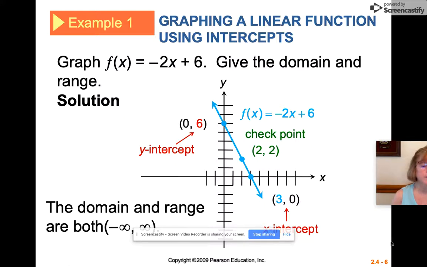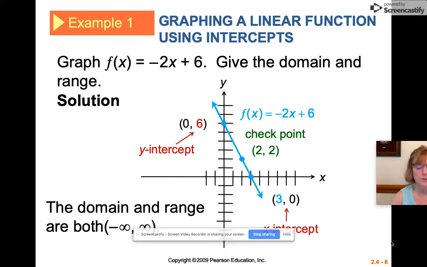What you probably remember from previous classes is that we can plot the y-intercept on the graph, and then use the slope to find some other points. We just have to remember that slope is described as rise over run. In this case, the y-intercept is 6.